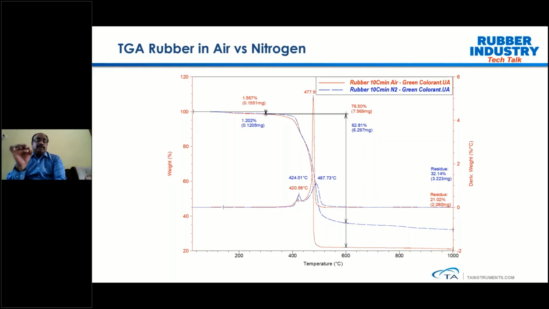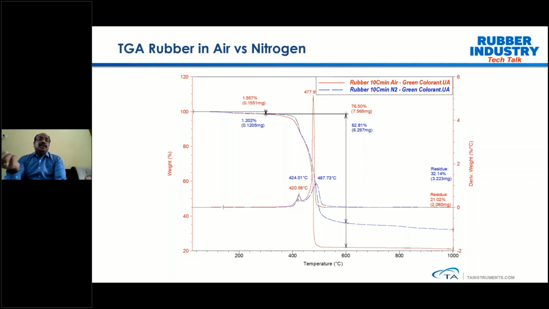This graph clearly shows that even though the rubber chemistry is the same, the atmosphere has a major effect which has totally changed the decomposition kinetics. What this signifies is that furnace control is very, very important, and that's where we need to be very careful in selecting the TGA, in how well the furnace is going to control the atmosphere.